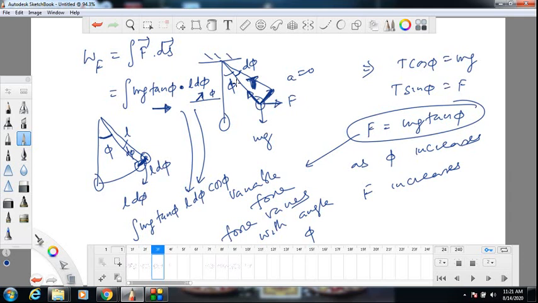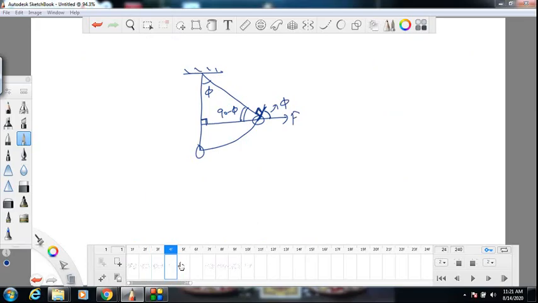So the displacement in that further movement is L d phi, force is mg tan phi, and the angle between force and displacement is phi. So work done is integral f dot ds. Work done by that force happens to be integral f dot ds.